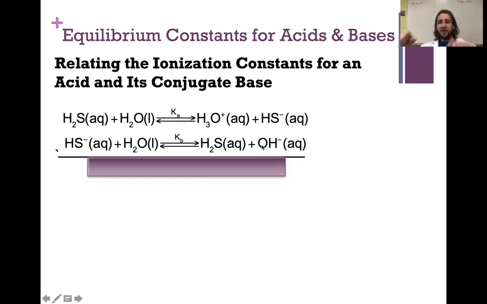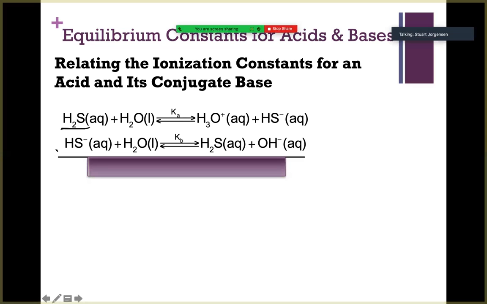If we were to do the sum or the total reaction here, something interesting actually occurs. Because really what we're doing is we're comparing essentially this acid and its conjugate. These are the two particles that we're interested in. If we put them together to get our overall reaction, the HS minus is an intermediate.